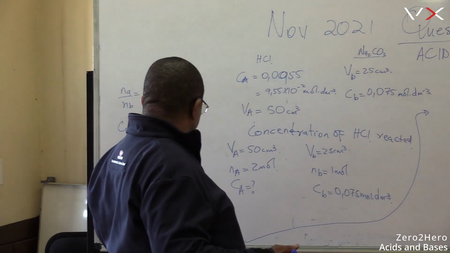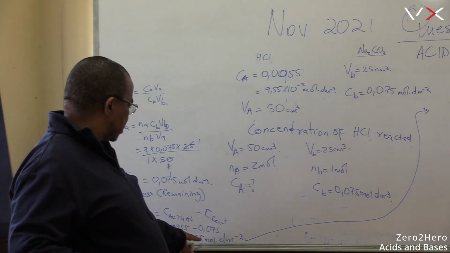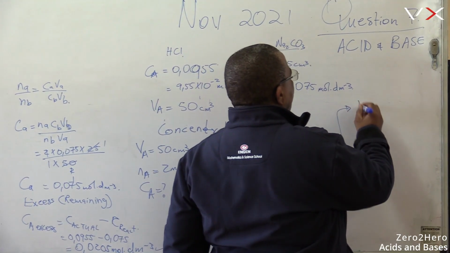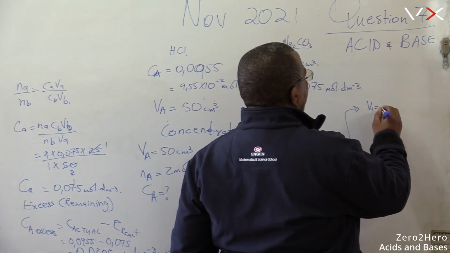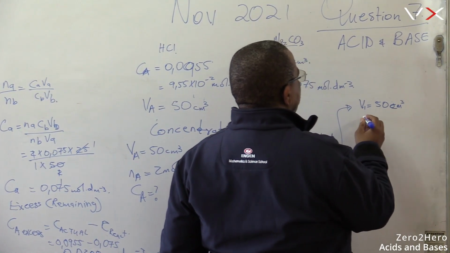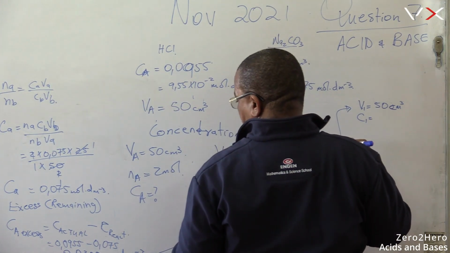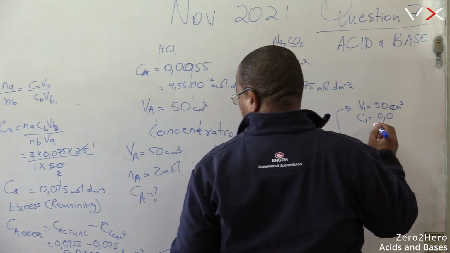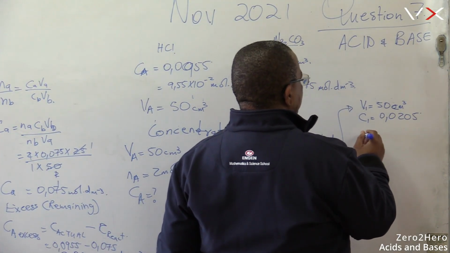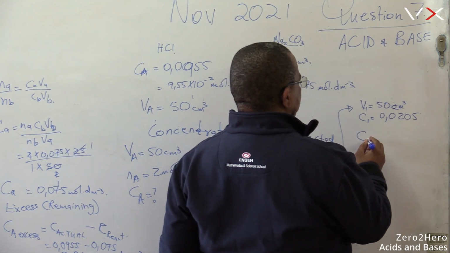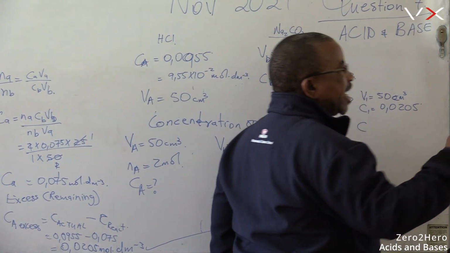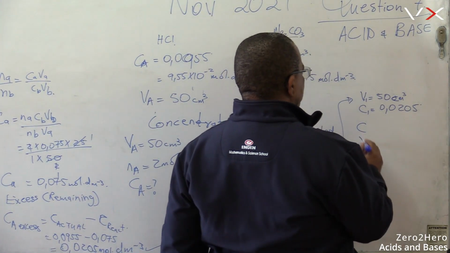Now, looking at this 0.0205, its volume, let's say V1, is 50 cubic centimeter, and its concentration is 0.0205. When everything is combined, we want the concentration of the excess HCl in the new solution.